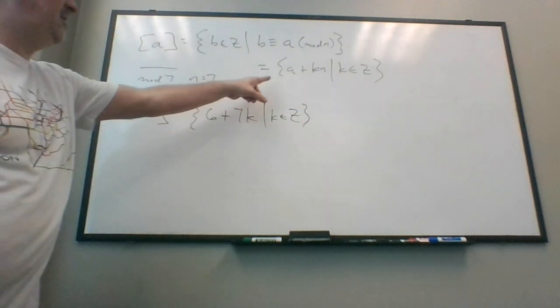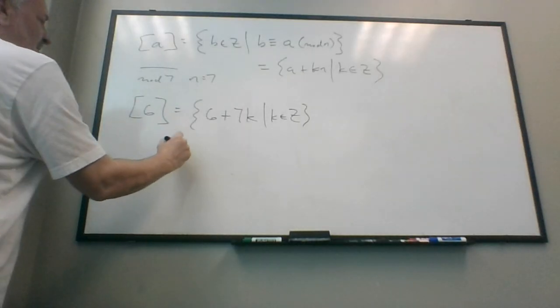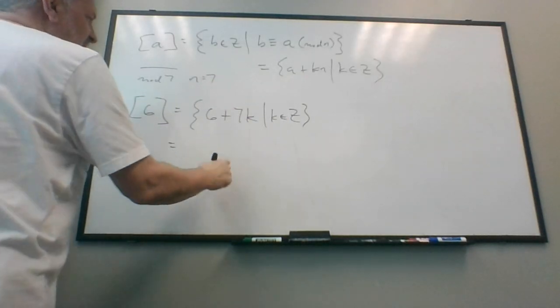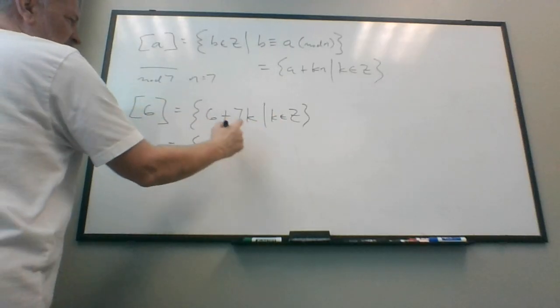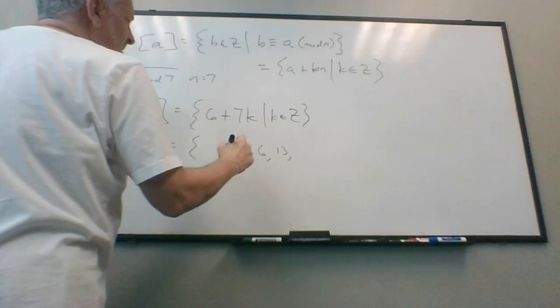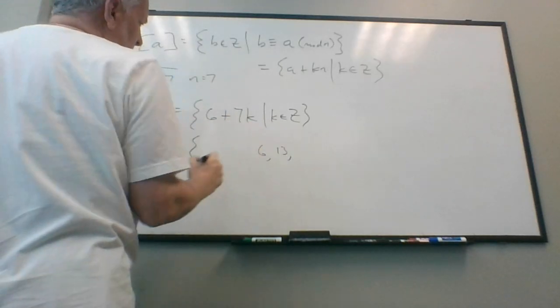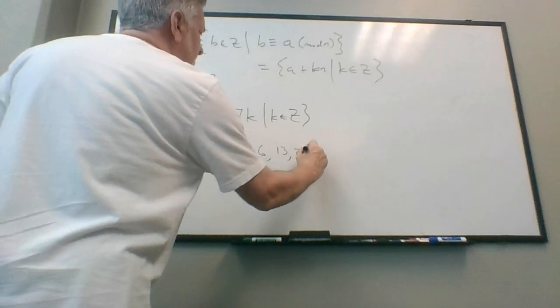So I just put A is 6, and N is 7. Now this is an infinite set. Suppose K is 0. If K is 0, we get 6. If K is 1, we get 13. If K is 2, we get 20.